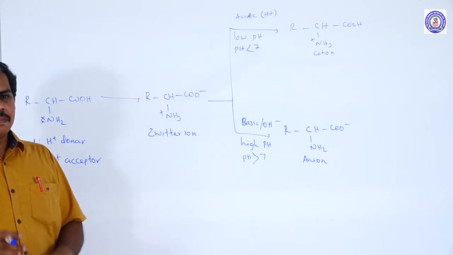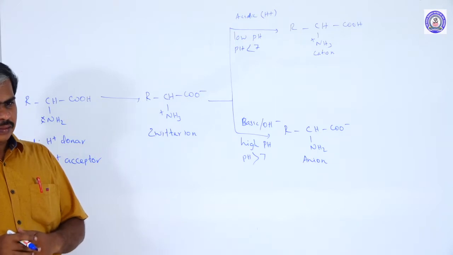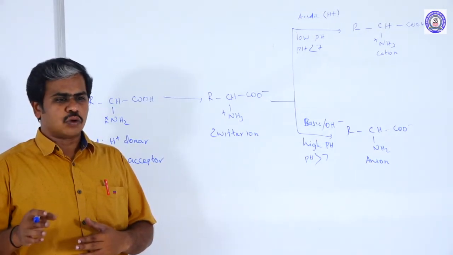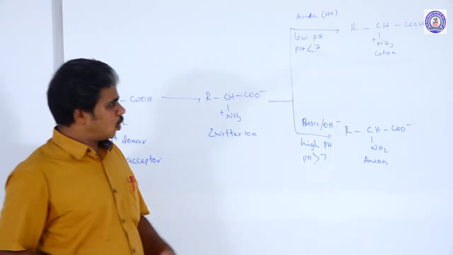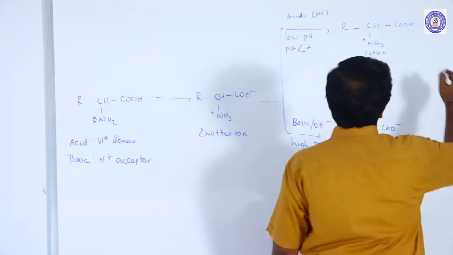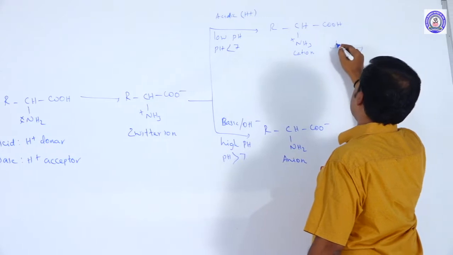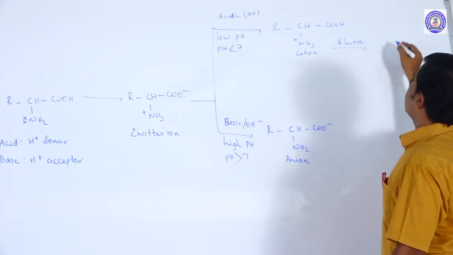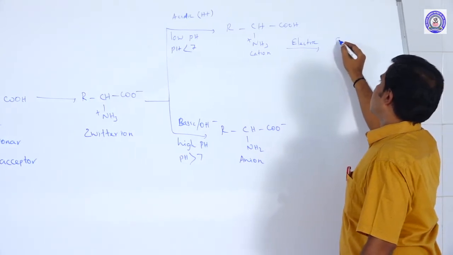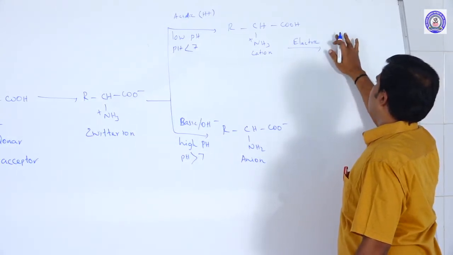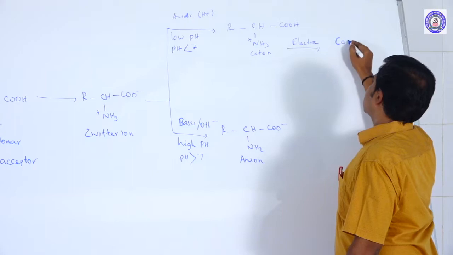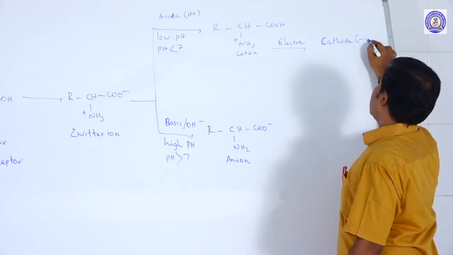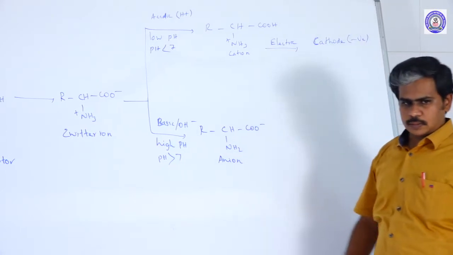Now, in an applied electric field, the cation moves to the cathode and the anion moves to the anode. A cation will move towards the cathode, and the cathode is the negatively charged electrode.